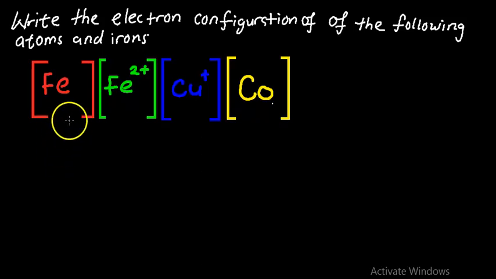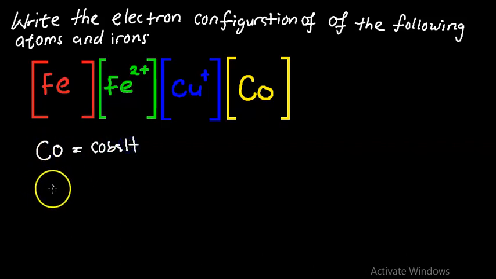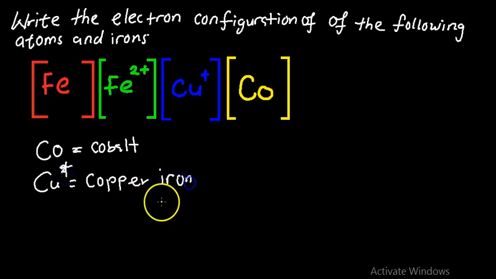Notice that what we have first, or the last one, let's start with the last one, which is Co. This Co is not actually carbon and oxygen. Rather, this is what we call cobalt. What about the next one? The next one is supposed to be Cu, and Cu is copper. But since we have a positive sign here, it's going to be the copper ion.